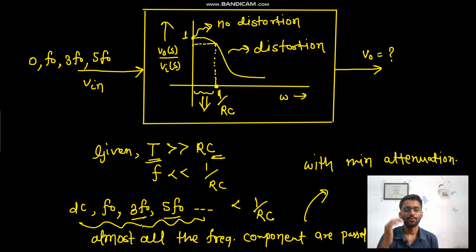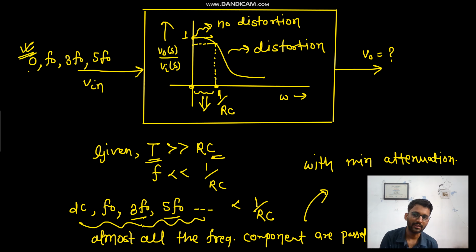What did you see here? You have an RC low pass filter with cutoff frequency 1 by RC, and the input waveform has frequency components 0, f0, 3f0, 5f0, 7f0, but all the frequency components are lesser than 1 by RC. So all are passed with minimum attenuation. Here you have gain 1. The DC will be passed completely because this is 0 frequency.